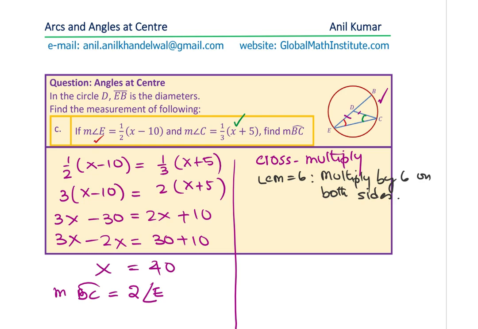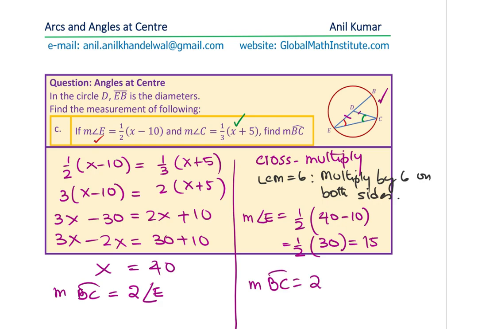Measurement of angle E is half of the x value of 40 minus 10, which is half of 30, and that is 15 degrees, right? Therefore the measurement of BC, which is twice 15, is our answer, and it is 30. Is that clear to you?